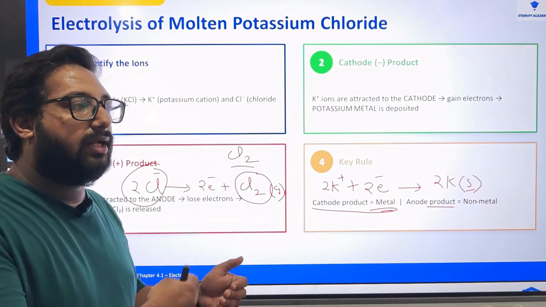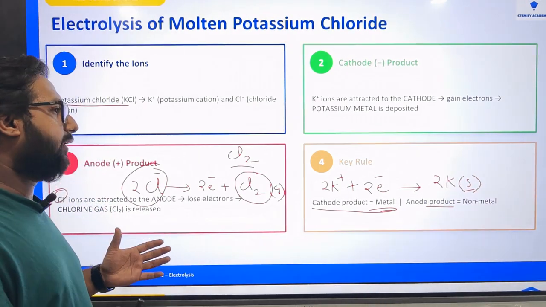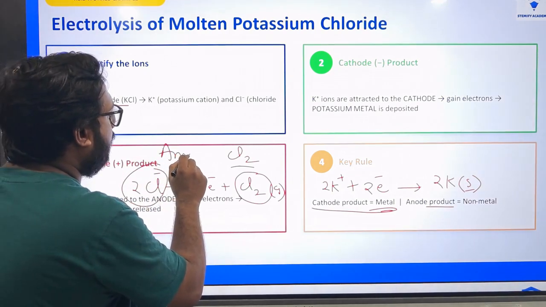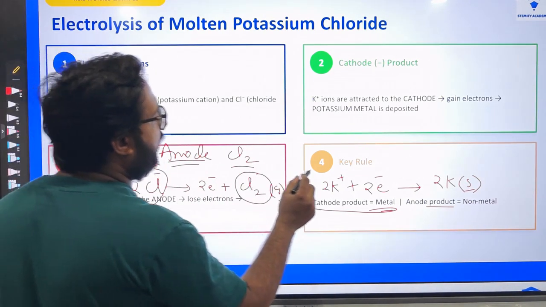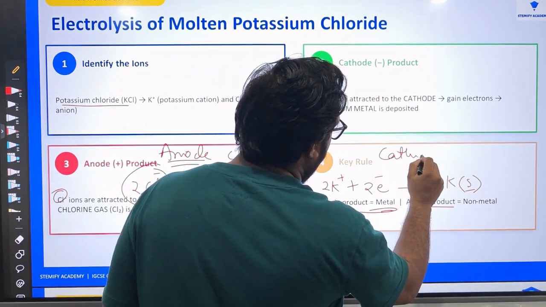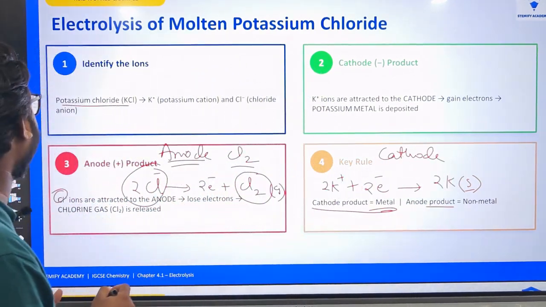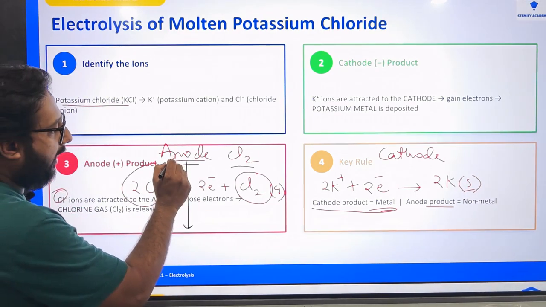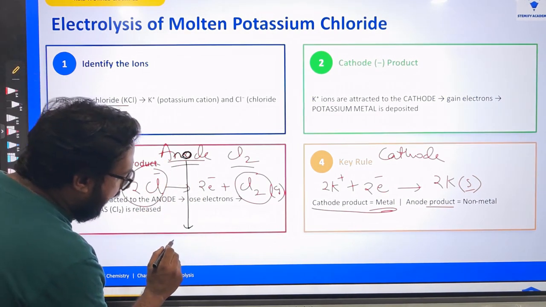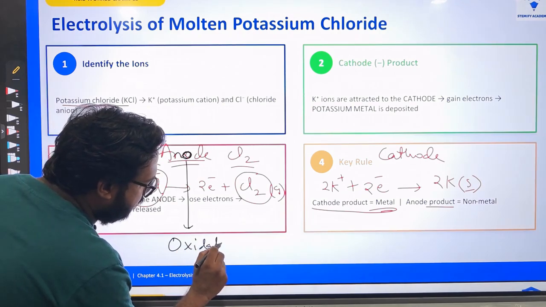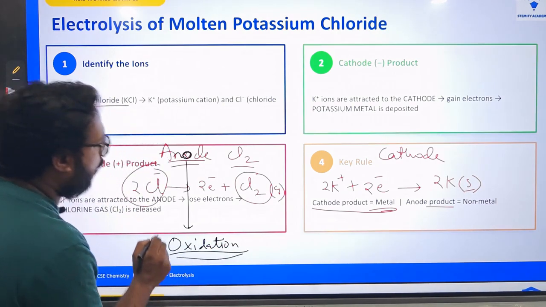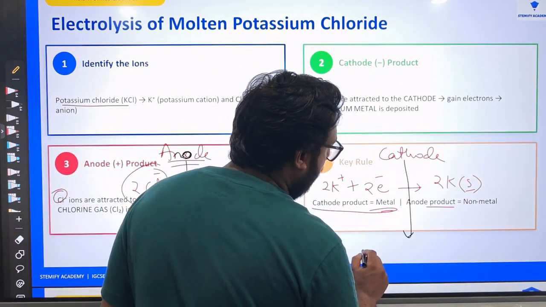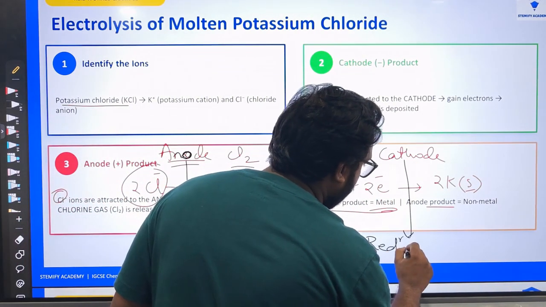Let us understand the half ionic equations again. You write the half ionic equation at the anode and you write the half ionic equation at the cathode. At the anode, oxidation occurs, and at the cathode, reduction occurs.